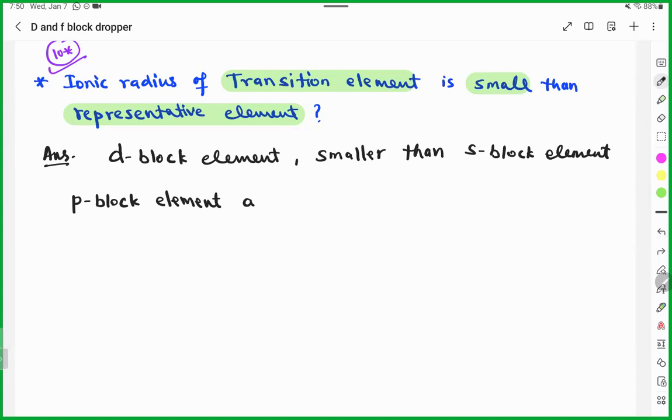Or you can say P block elements form anions, and you know anion is bigger, but D block elements form cations. And you know the general rule, anions are way bigger than cations. Make sense?